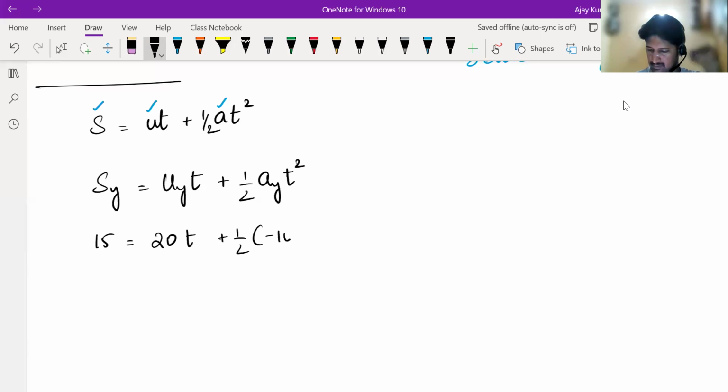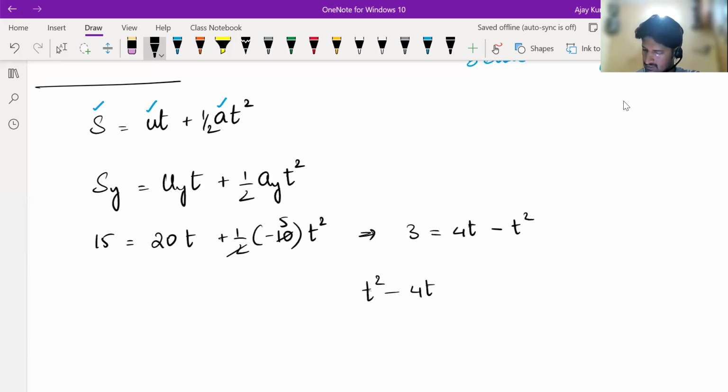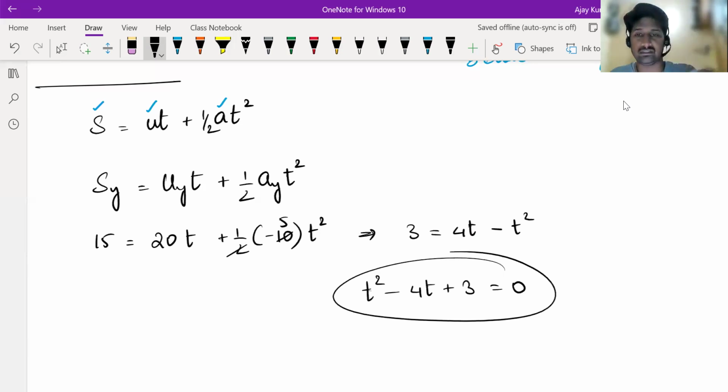Acceleration in Y direction is minus 10 t square. Okay, we can even simplify this equation. 2 and 10 becomes 5. Cancel 5 throughout. You get 3 is equal to 4t minus t square, or t square minus 4t plus 3 is equal to 0. What kind of equation is this?